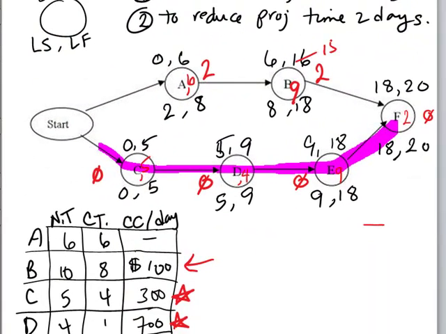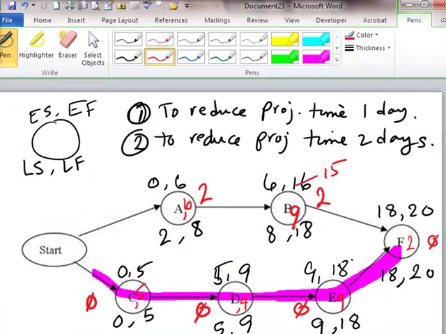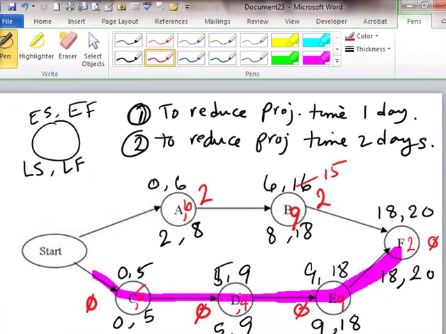So this becomes 15, but when I work over here for activity F, still I must choose the highest number, which is 18. So really I haven't reduced the project times. The project time 18 plus 2 will still remain to be 20.